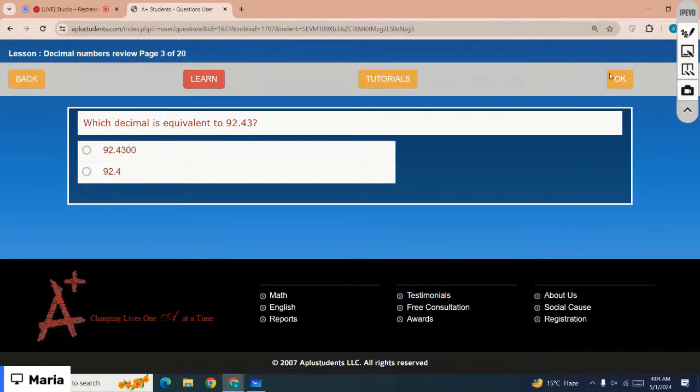Which decimal is equivalent to 92.43? Which is the correct option? Option 1 or 2?